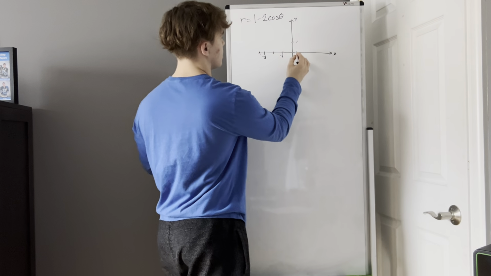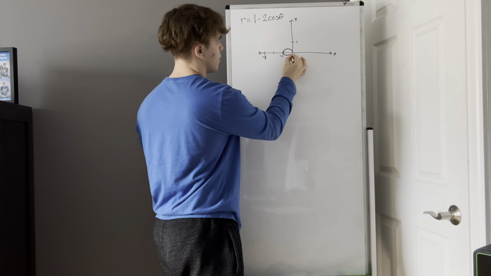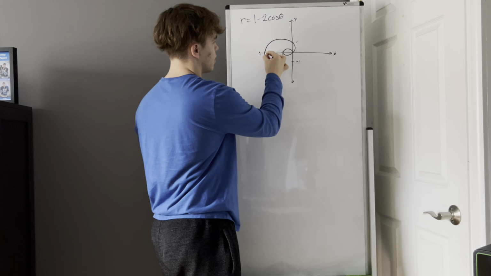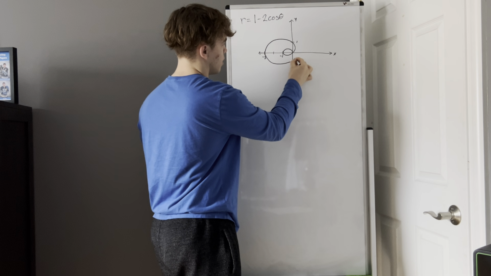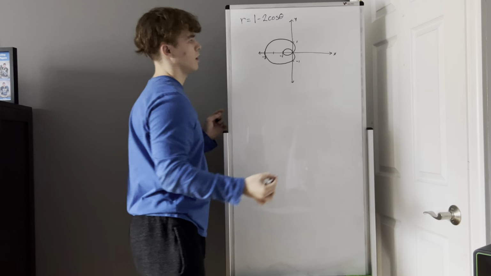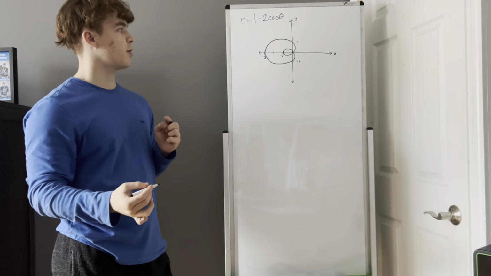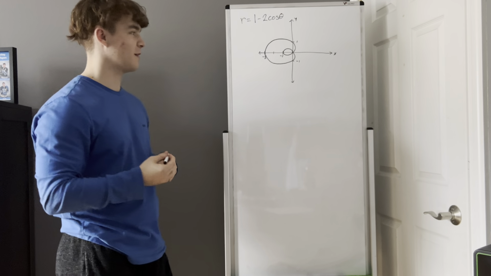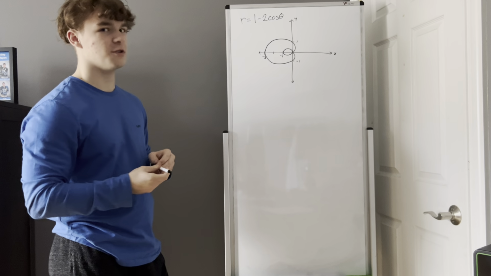We get this graph. I'm pretty proud of myself for drawing that one, actually, because if you watched the last video, I was definitely still getting used to drawing these.